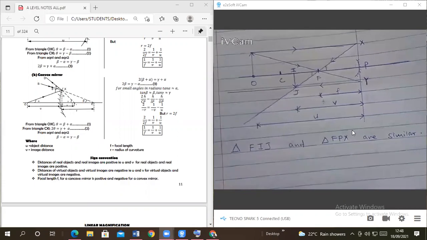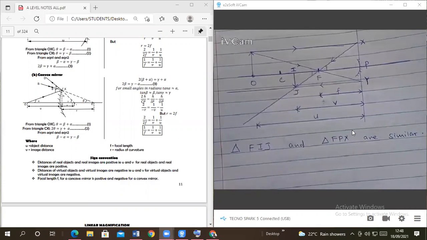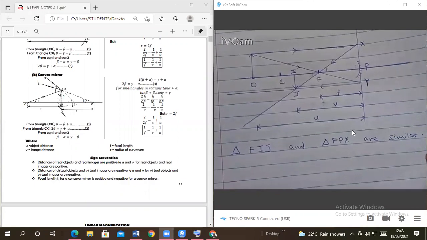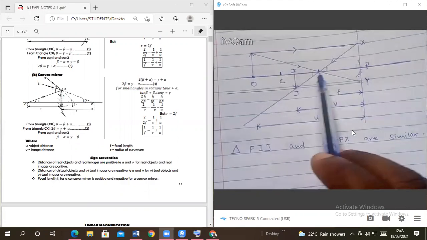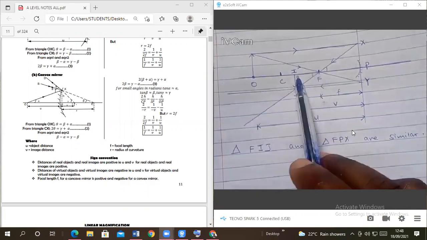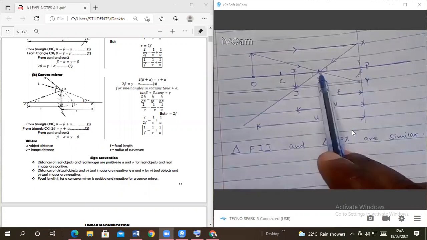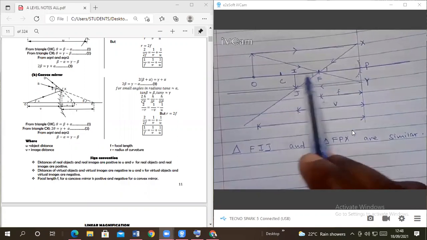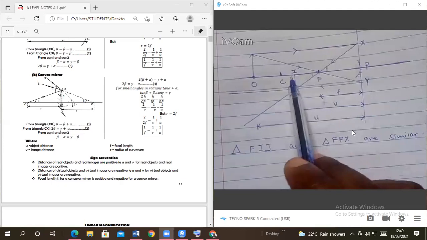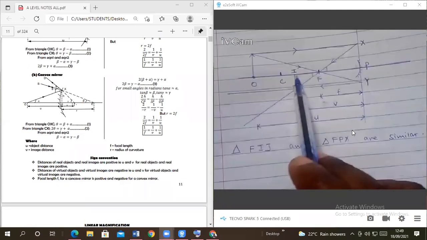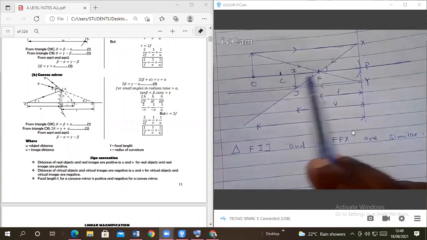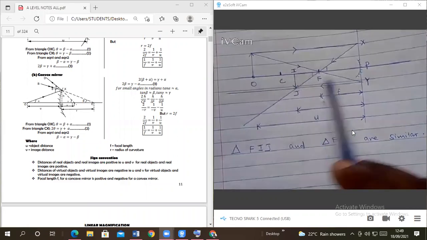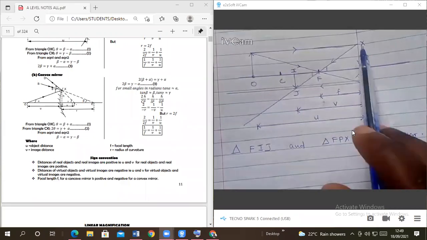That's the first thing. Yes. So now, if those triangles are similar, it means that the length of the base of the smaller triangle to the base of the bigger triangle is equal to the height of the smaller triangle to the height of the bigger triangle.